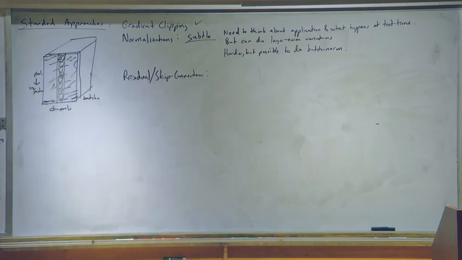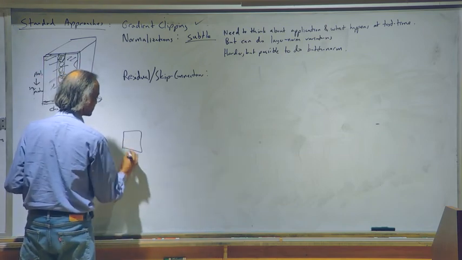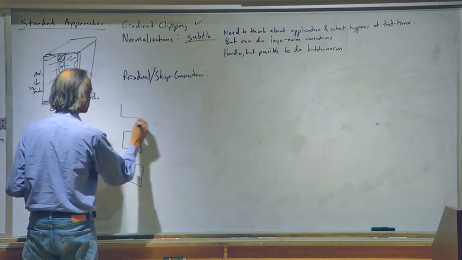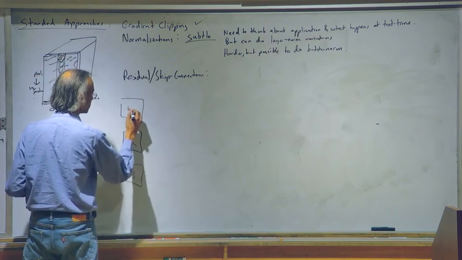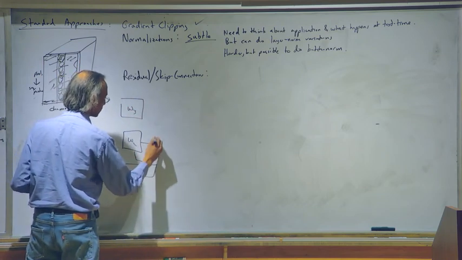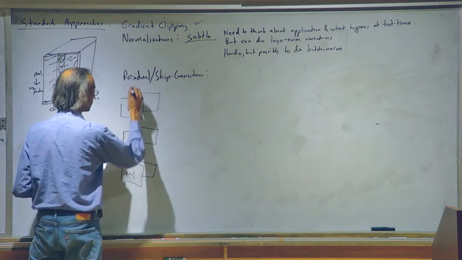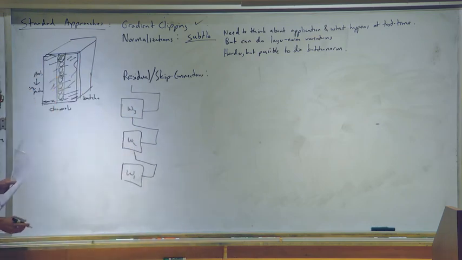So I'll come back to this picture. If we think about residual, I'll redraw it because it's getting crowded over there. Okay, so we have a picture that looks like this.